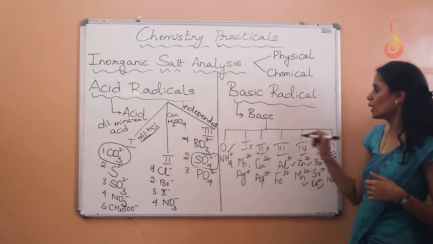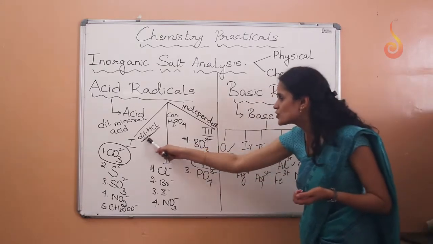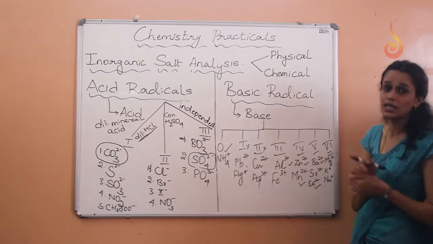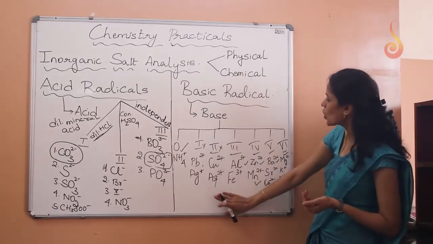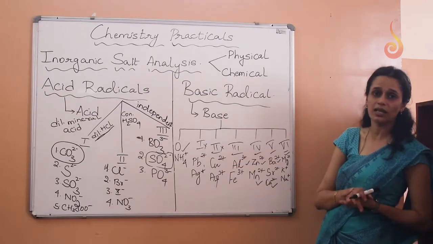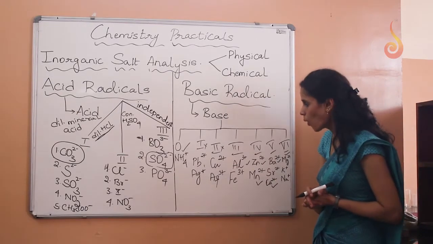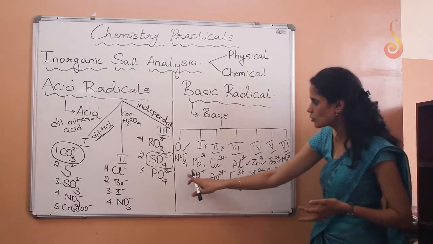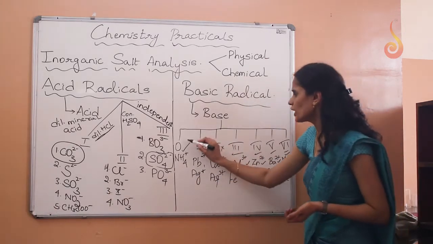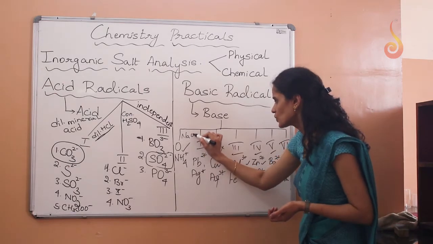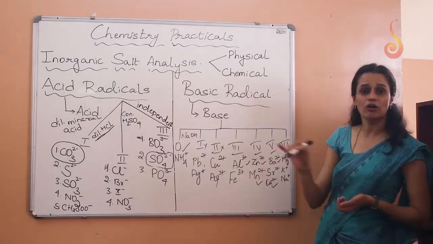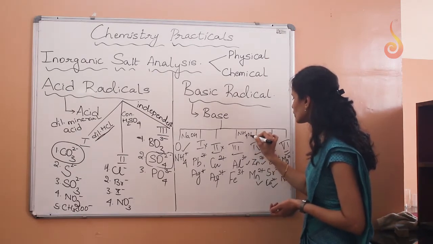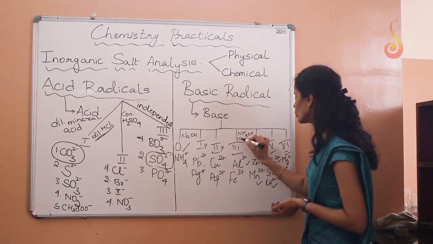One more thing I want to mention: like how we observed the group reagents in case of acid radicals, similarly we also have group reagents in case of basic radicals. For the 0 group ion, the group reagent is NaOH solution. In case of third group, the reagent is ammonium hydroxide and ammonium chloride.